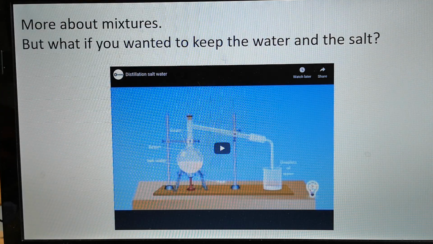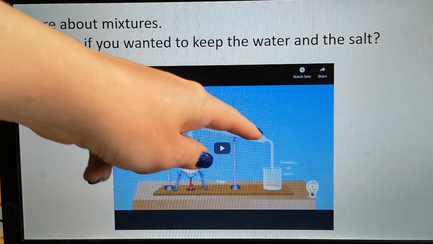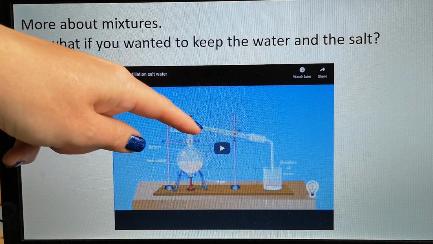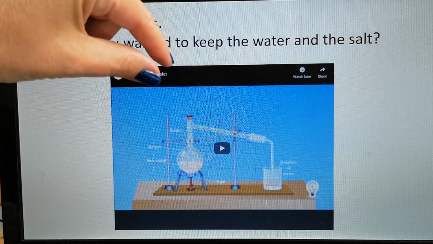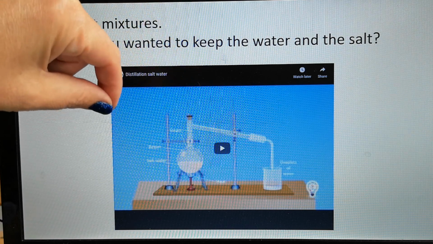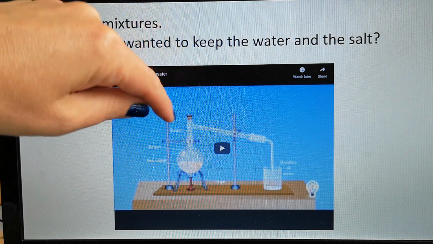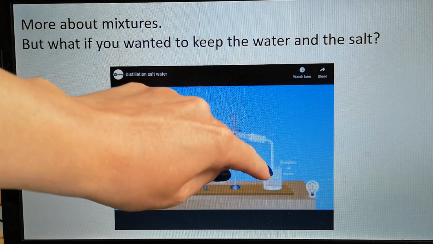Remember, when a gas cools, it condenses, it changes from a gas into a liquid. So when we run cold water around the tube that the gas is in, it's going to condense, change from a gas back into a liquid, and then we can collect it in the beaker.